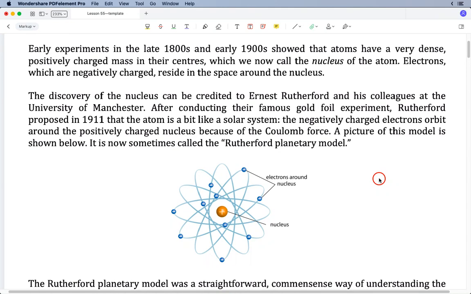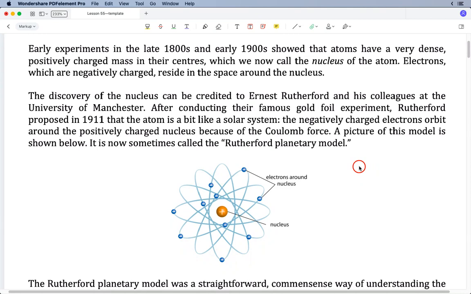In particular, it was a physicist named Ernest Rutherford and some colleagues at the University of Manchester that did a very famous experiment in 1911 called the gold foil experiment. It basically involved firing a particular type of radioactive particle at a very thin sheet of gold foil and looking at how those particles got deflected when they passed through the foil.